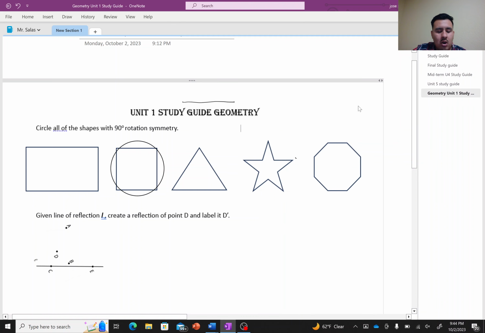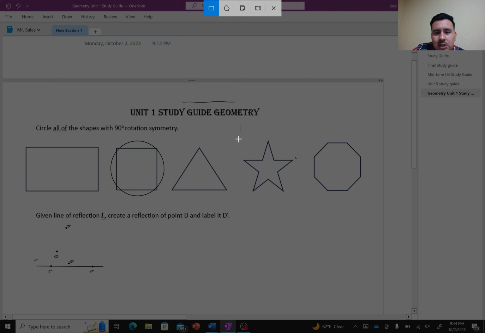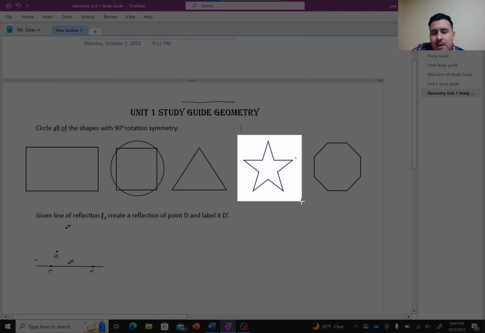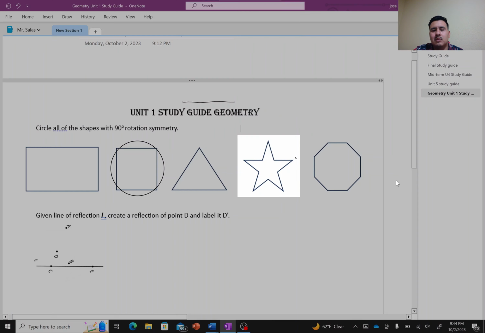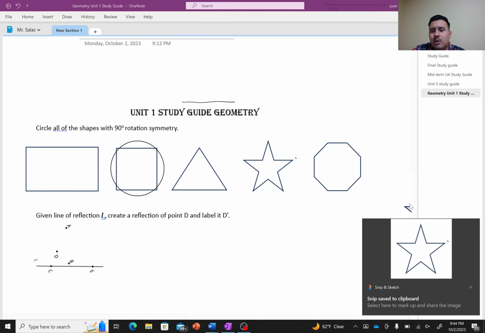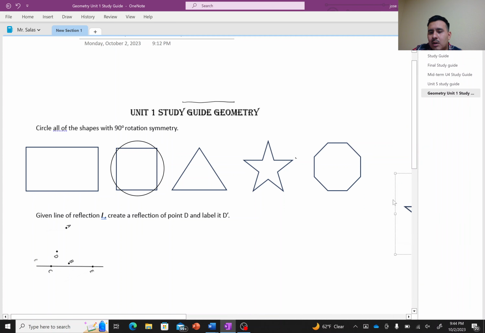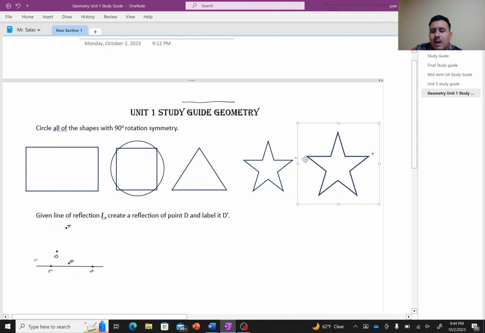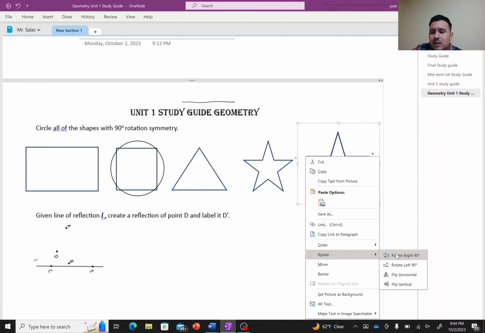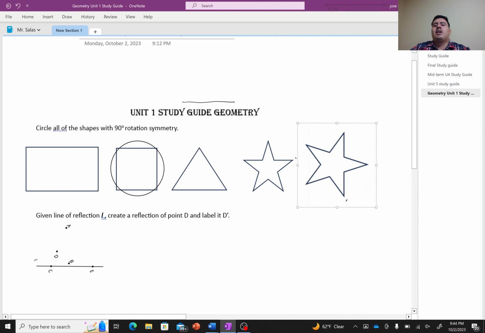What about this star? Let's check out this star. If I have a star and I rotate it 90 degrees, and I cut my star in half this way, it doesn't matter which way I choose to cut it, just as long as I choose the same line for it.